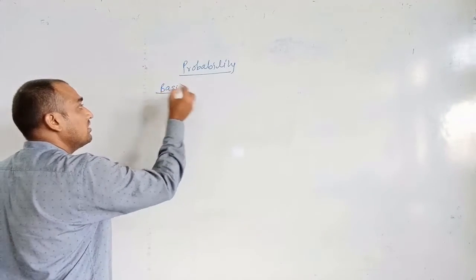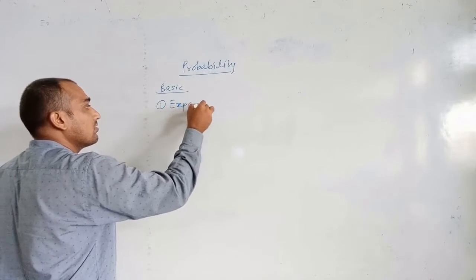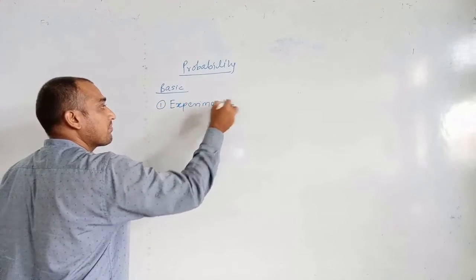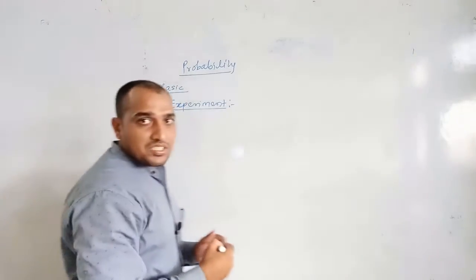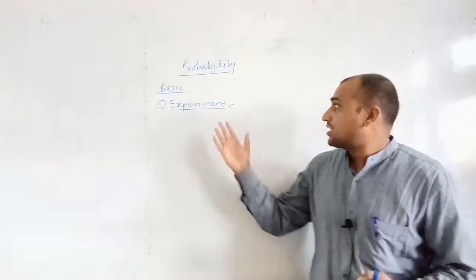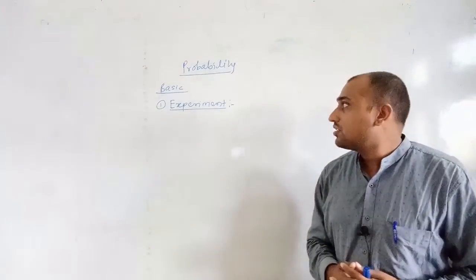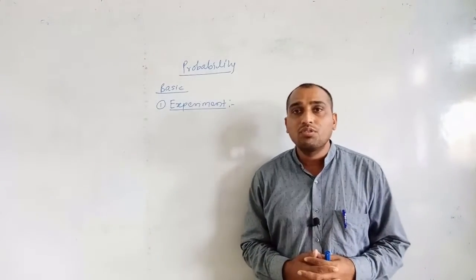related to this probability. First is experiment. In all subjects we are doing experiments, in statistics also. So, an experiment is any task or any action which has one or more than one outcome.